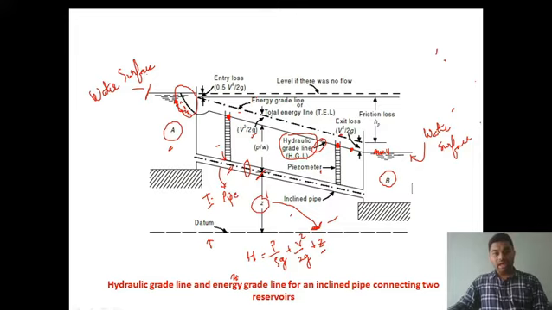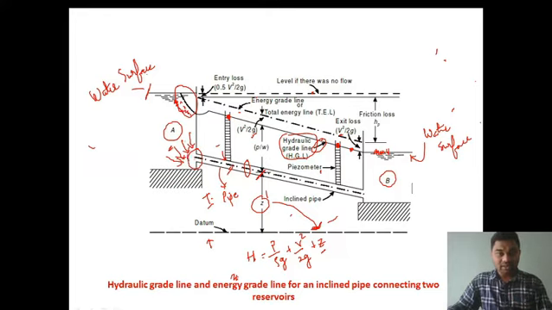And when we talk about the total energy line, here at the entrance from reservoir A, this is the entrance of the pipe. Suddenly the liquid tries to enter this pipe, so there is an entrance loss.